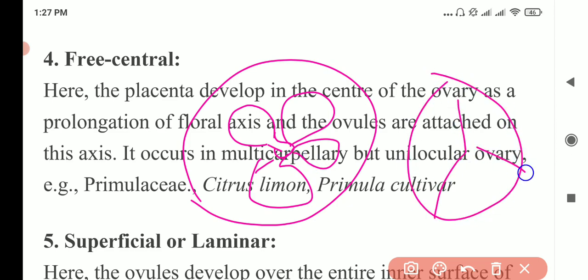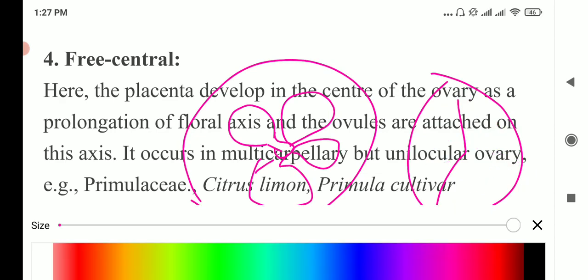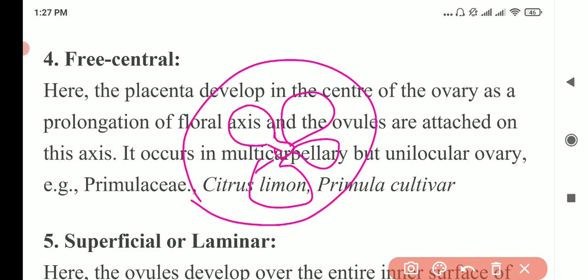Remember, in axile we had a margin separating the chambers. Here in free central there is no margin. Directly, the ovules attach to this axis, which has all the placenta.